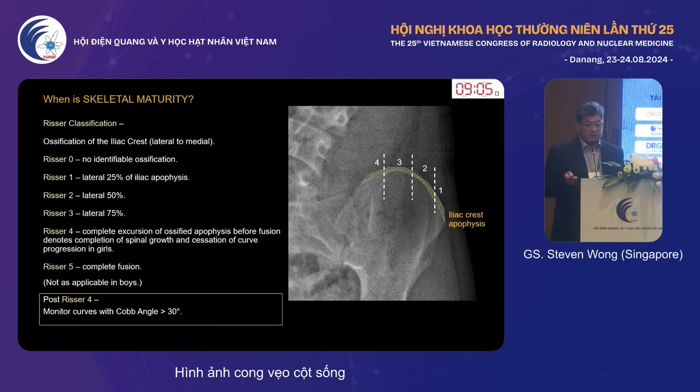The Risser scale assesses the skeletal maturity based on your iliac crest apophysis. This is, you know, you can just Google it for anywhere. And it's basically ossification starting from the anterior aspect of the iliac crest all the way down to the posterior portion.